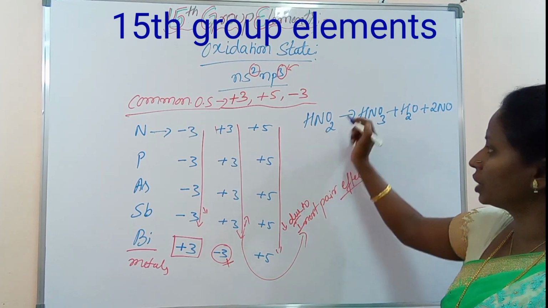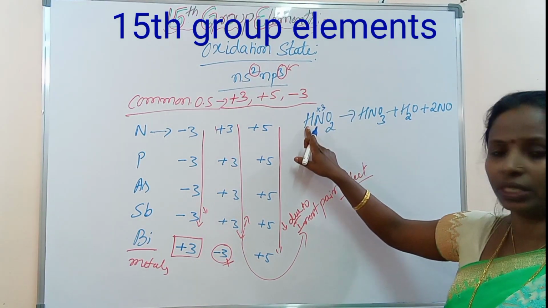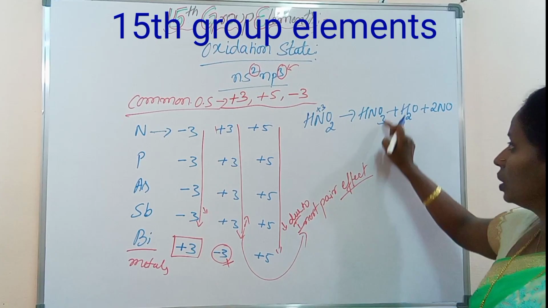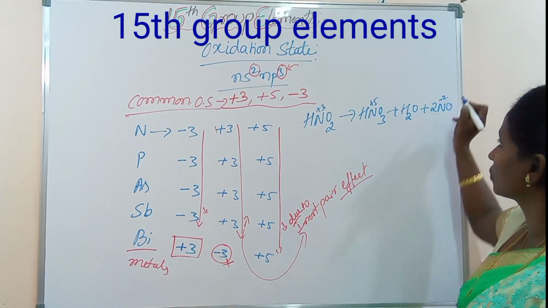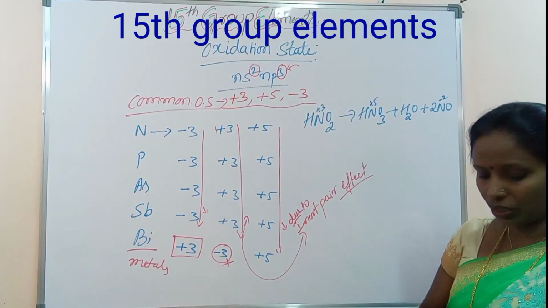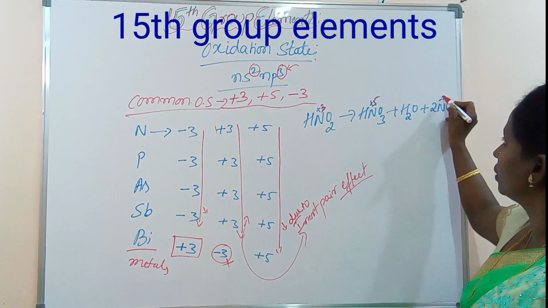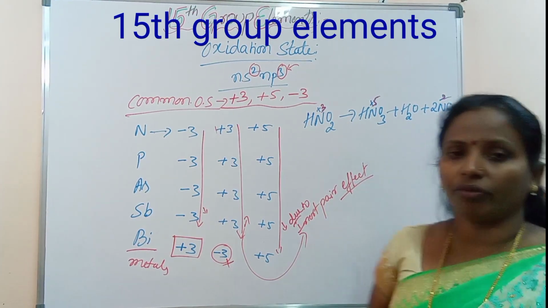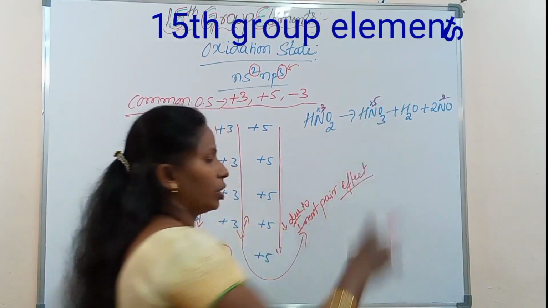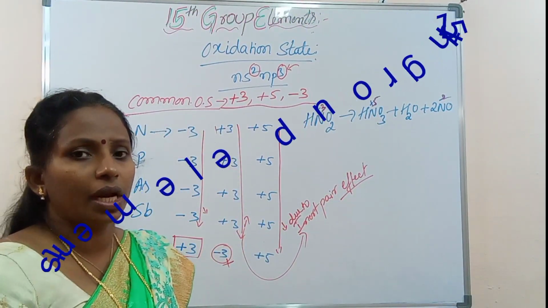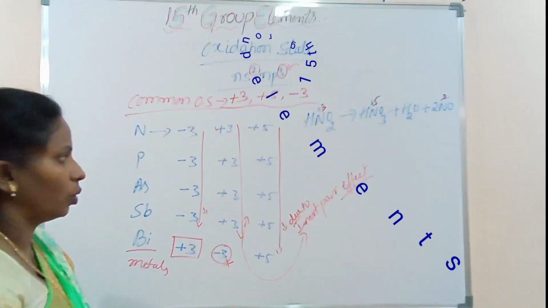Here the oxidation state of nitrogen in HNO2 is +3, in HNO3 it is +5, and in NO it is -2. So they have variable oxidation states, and they are involved in disproportionation redox reactions.